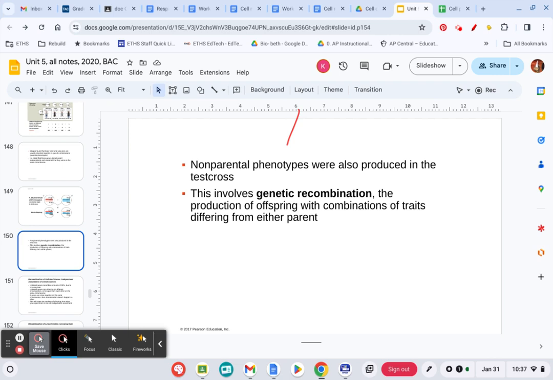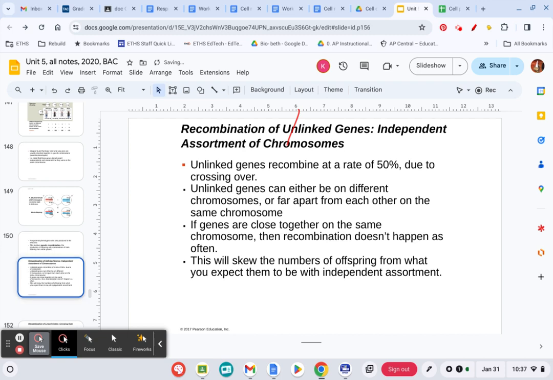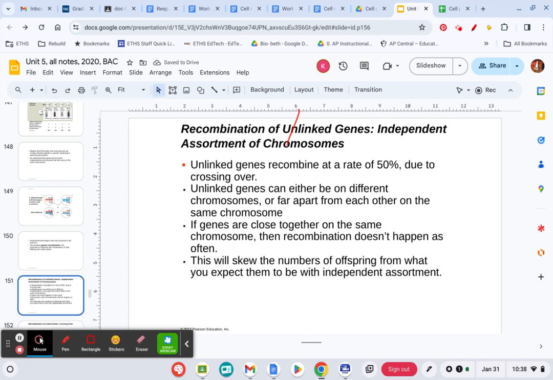But because the crossing over is always different, you end up with unique chromosomes as a result that have different genes on them, in combinations that you may have never seen before. And because of that, you get huge variation. And that's kind of the whole idea with meiosis, is you get a huge variation.